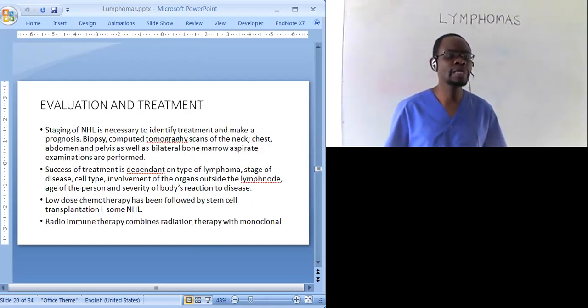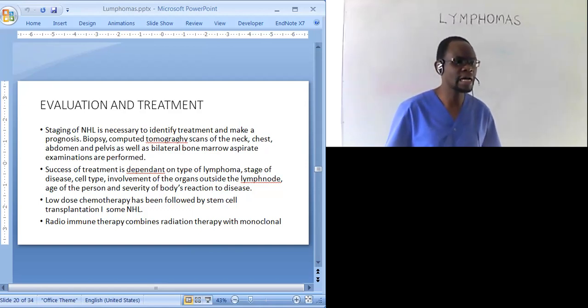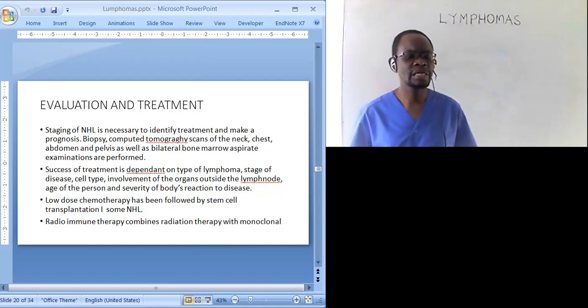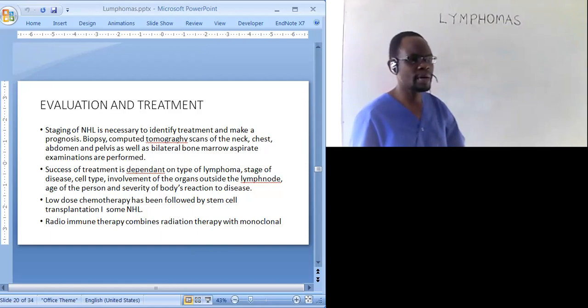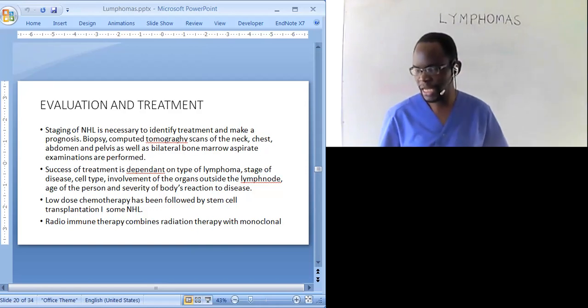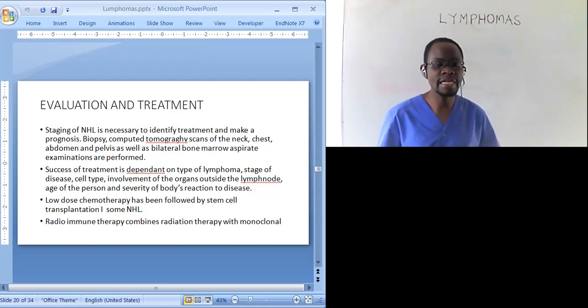As far as evaluation and treatment is concerned, we shall not go so much into the staging of non-Hodgkin's lymphomas, but it is very important to know the stage you are dealing with.